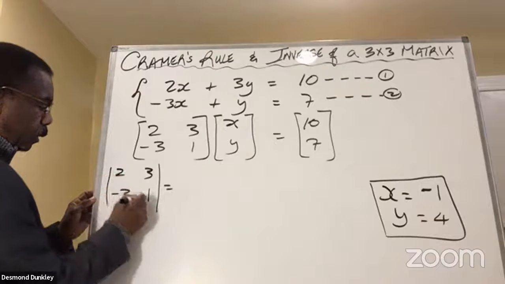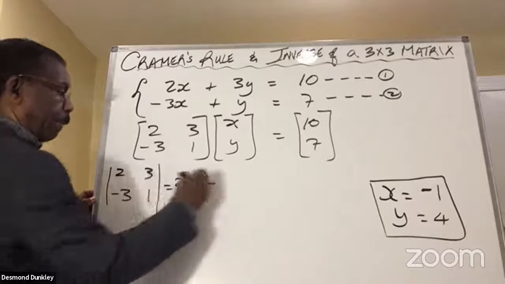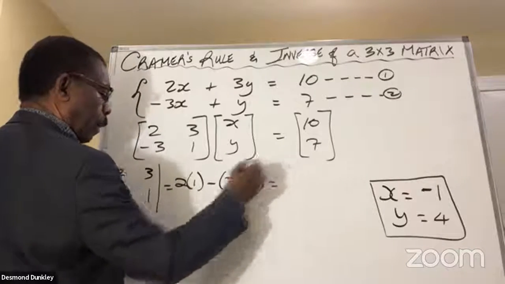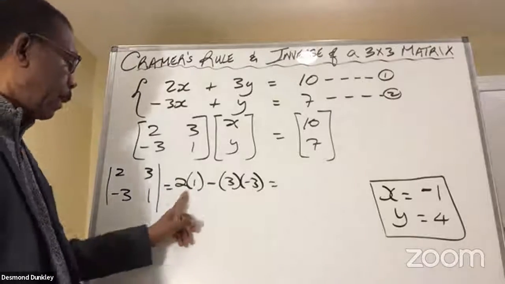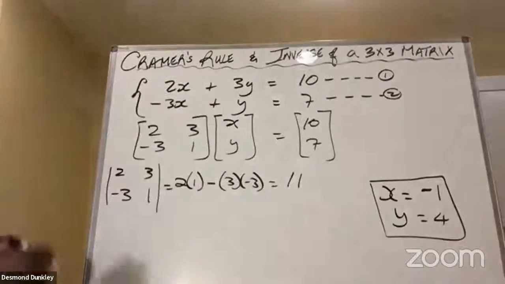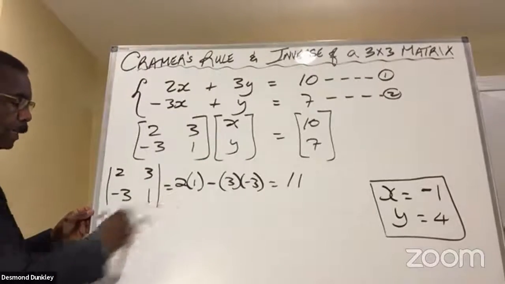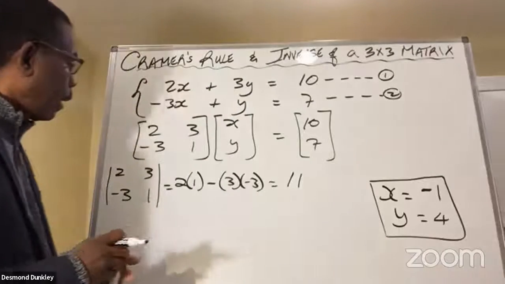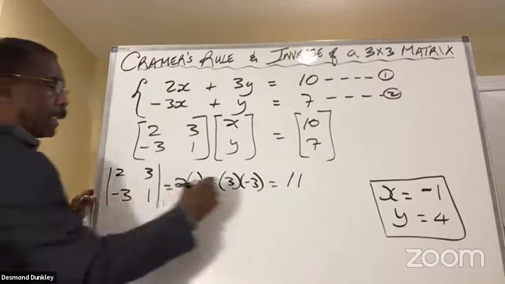It's going to be equal to 2 times 1 minus 3 times negative 3. Negative 3 times negative 3 is positive 9, plus 2 gives me 11. So that takes care of the determinant of the original matrix. Let's call this D.